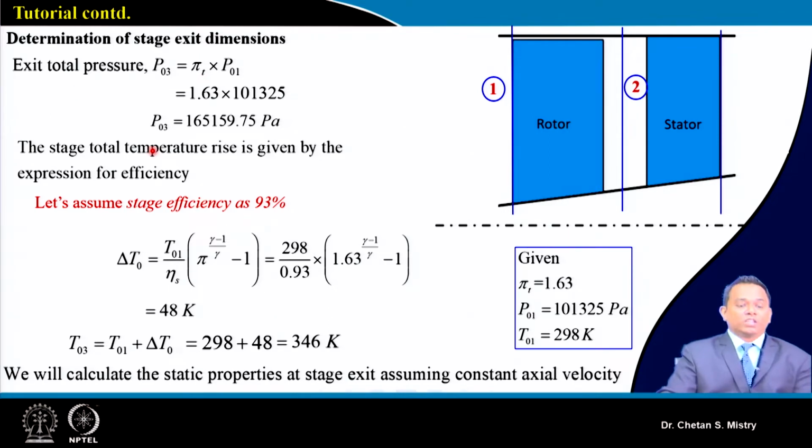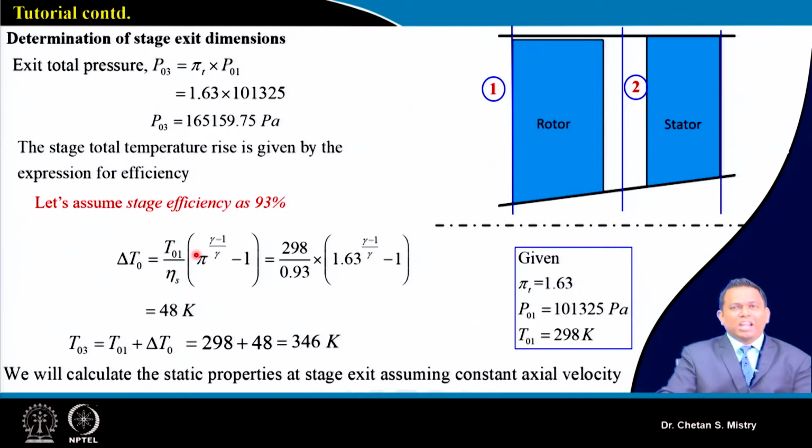Here we know the total temperature rise delta T0, which we write in terms of the entry temperature. The efficiency here is the stage efficiency. You can consider this as a polytropic efficiency because we are considering only one stage, and this is my pressure ratio. To do that calculation we assume this efficiency to be 93%.